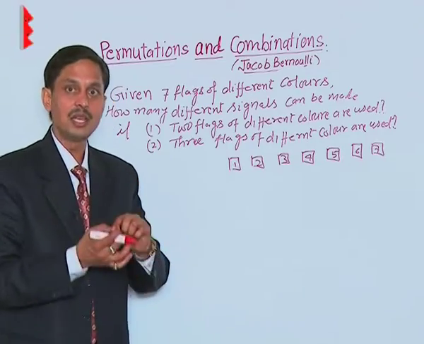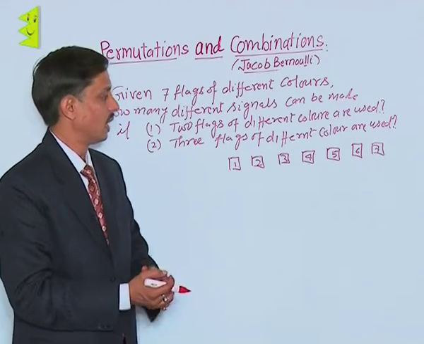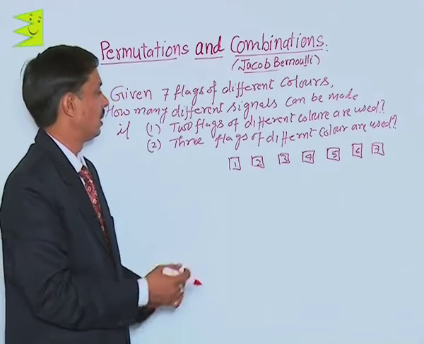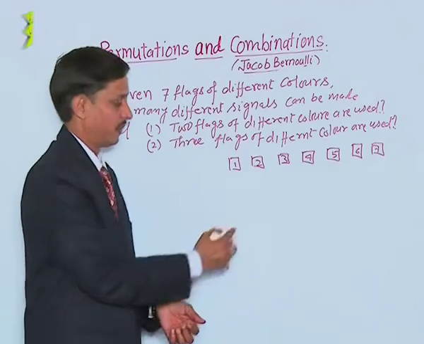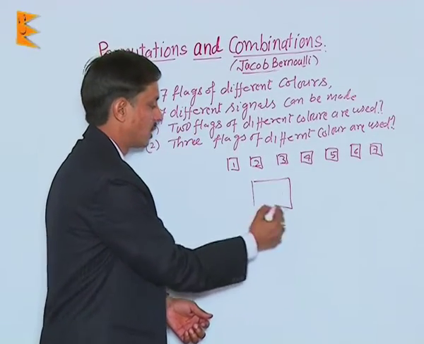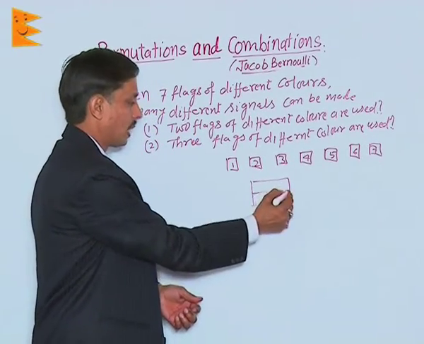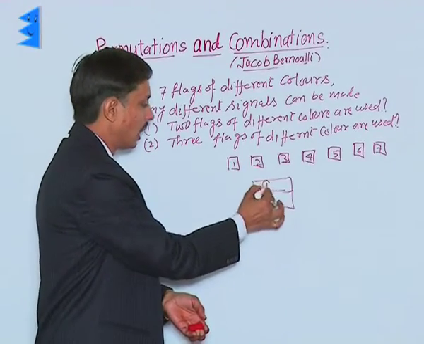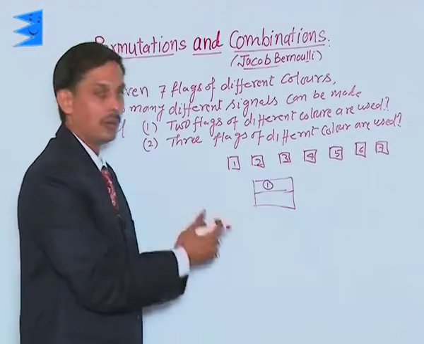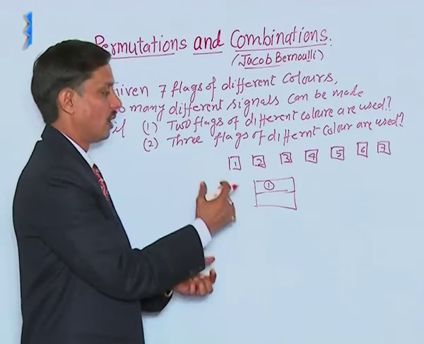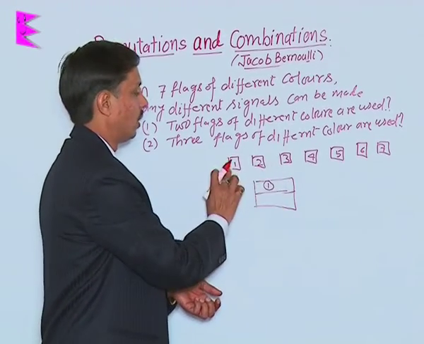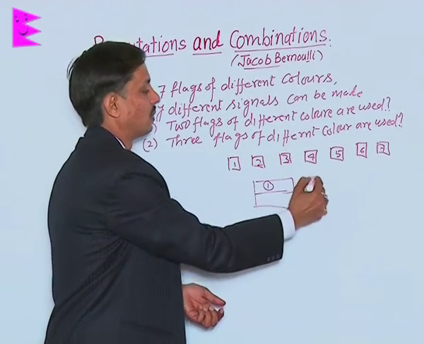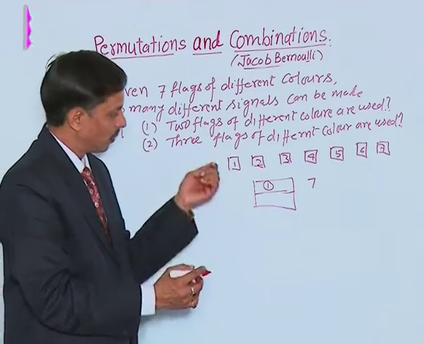If a signal is required to be generated, and in making that signal 2 flags are required. In the first case, if I say 2 flags are required, then for the upper part of the signal, what choices do we have? We can use any of the 7 flags.